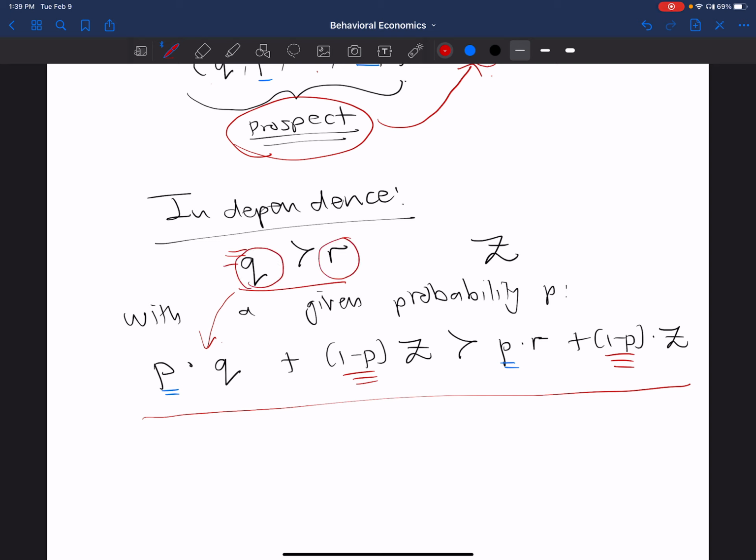Okay, so these choices that we make must be independent of an additional outcome Z.